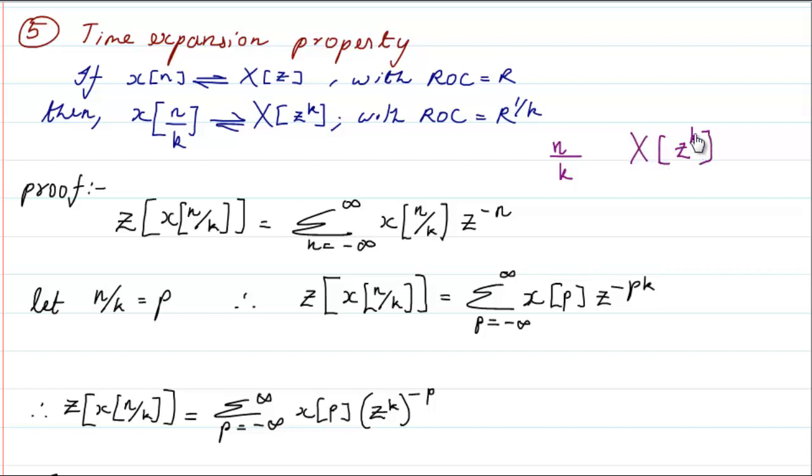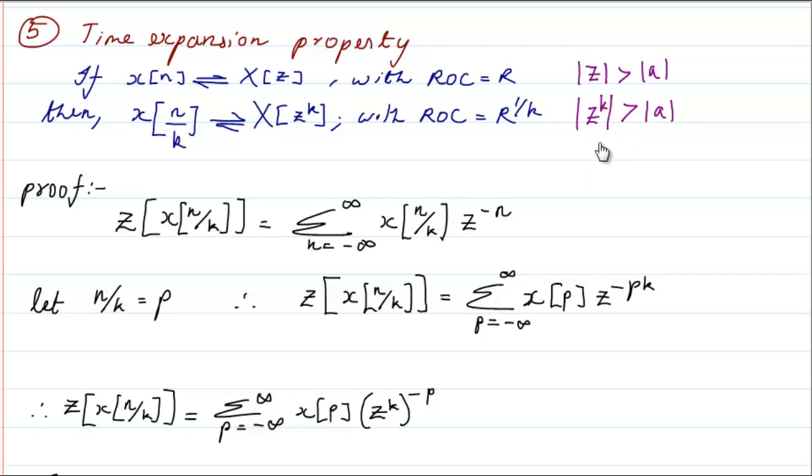And what happens to the ROC? The ROC is the original previous ROC raised to 1 by k. Let us see what is the meaning of that. See, if previously you had magnitude of z greater than some magnitude a, then the new one will be z raised to power k.